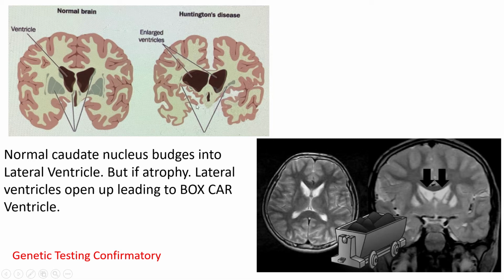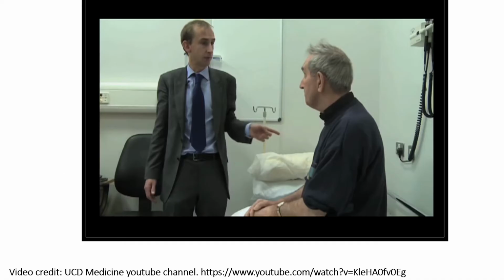Due to their atrophy, the lateral ventricles seem to open, leading to something known as the boxcar ventricle. This description has been compared to a boxcar, and therefore the description on an MRI in radiology is termed boxcar ventricle. And definitely genetic testing is needed for confirmation of Huntington's disease.